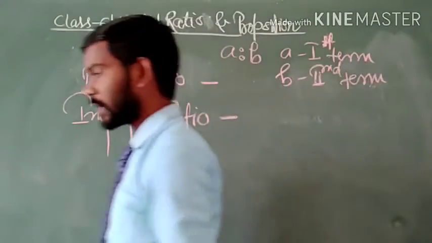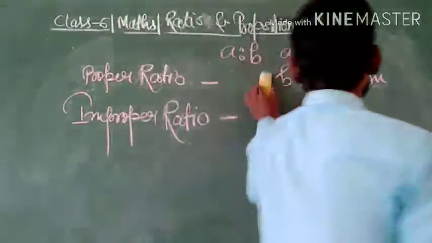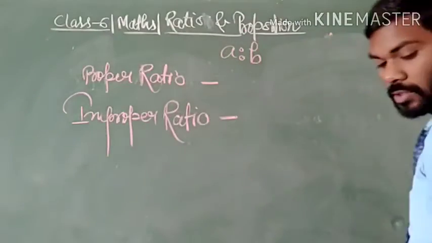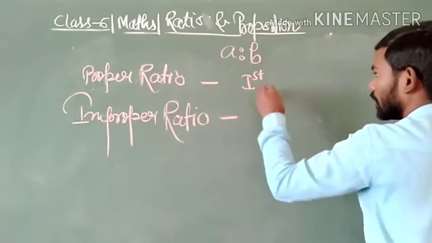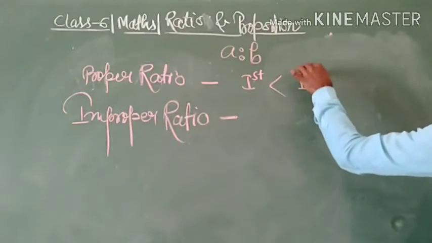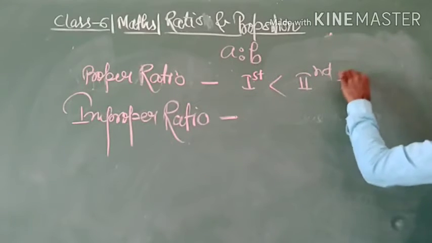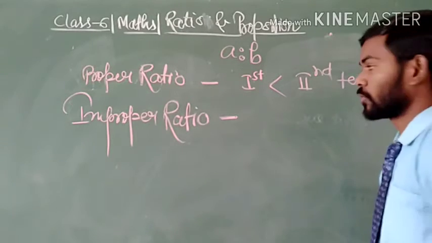So, in order to categorize them as proper ratio and improper ratio, we say that when the first term is less than the second term, then the ratio we get is called a proper ratio.